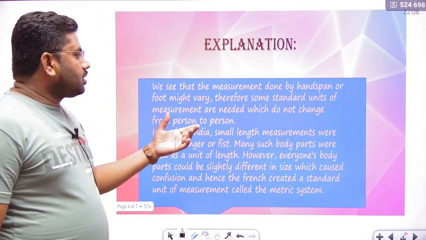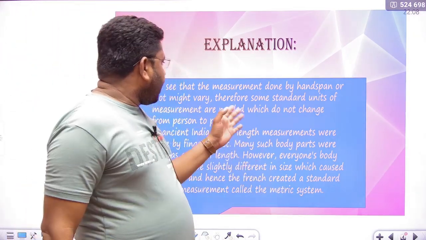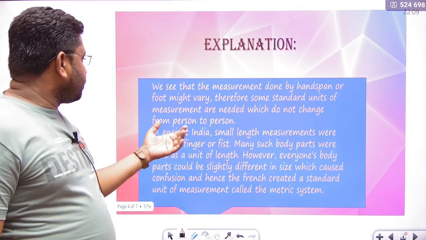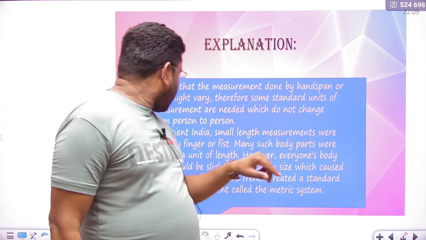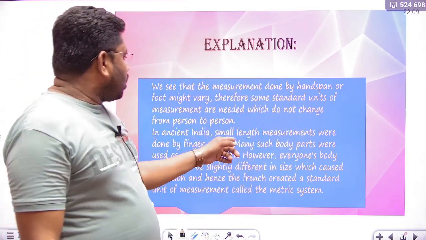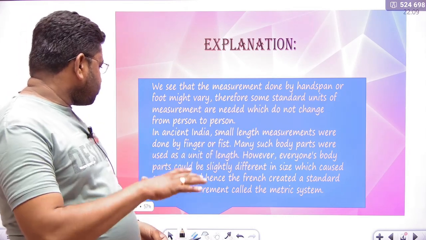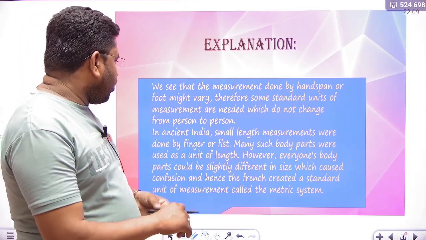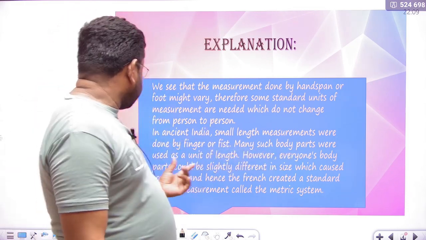We see that measurements done by hand span or foot may vary, and therefore standard units of measurement are needed which do not change from person to person. In ancient India and all over the world, small lengths were measured by the finger or the fist, and many such body parts were used as units of length.